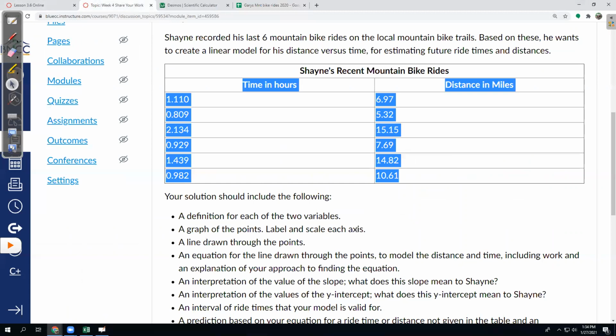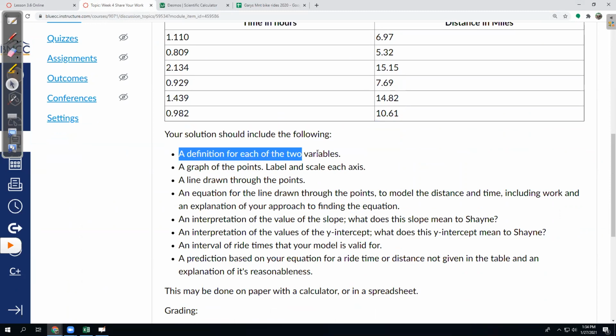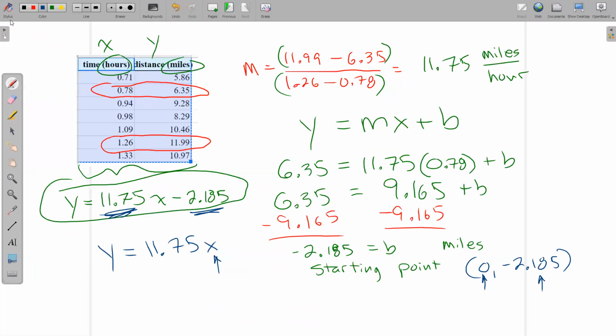Back here. All right, so let's see. I didn't write a definition for each variable, so that should have been in there. Back here somewhere, I kind of have it: y is distance in miles, x is time in hours, but I really should write it out in a sentence somewhere.